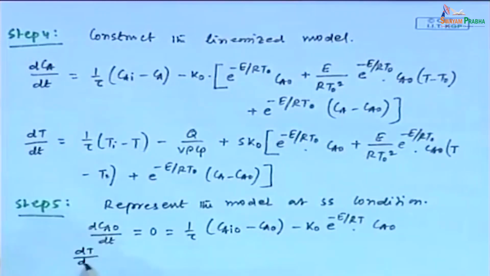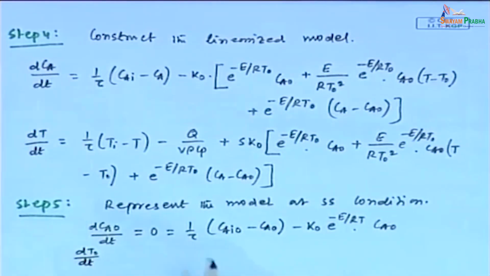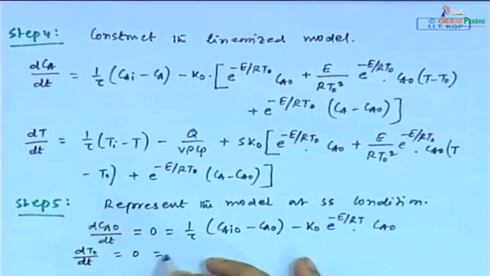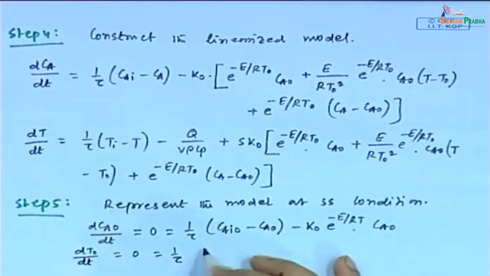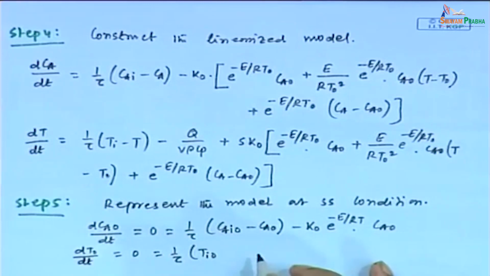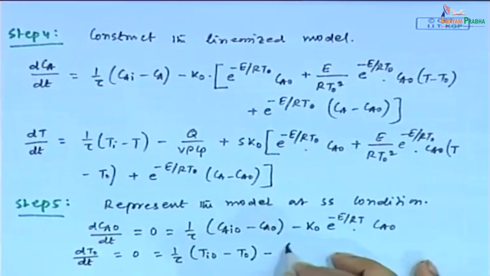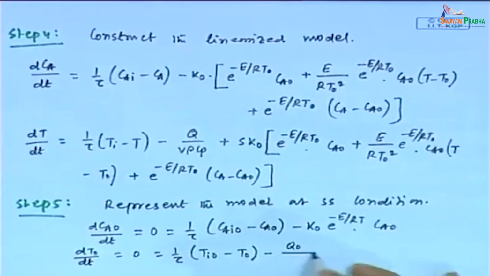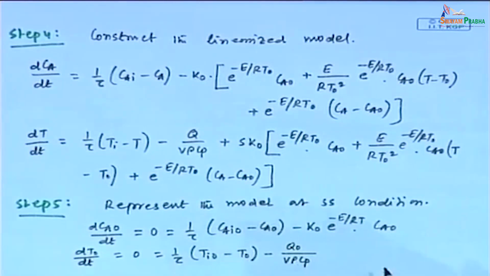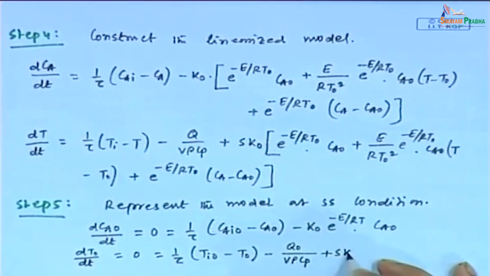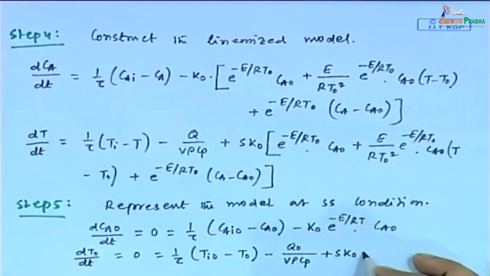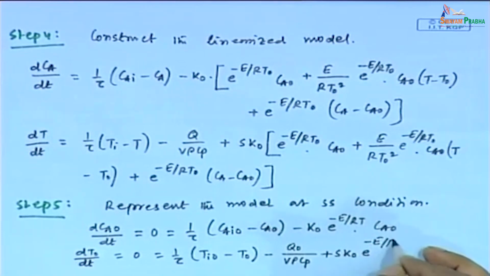Similarly, dT naught/dt equal to 0 equal to 1 by tau (T_i naught minus T naught) minus Q naught divided by V rho C_P plus S K naught exponential of minus E divided by R T naught, C_A naught.